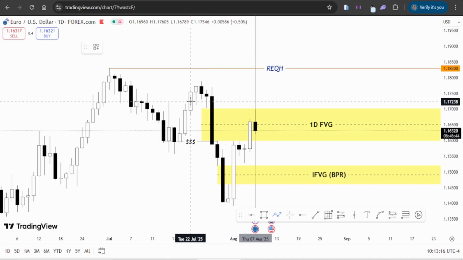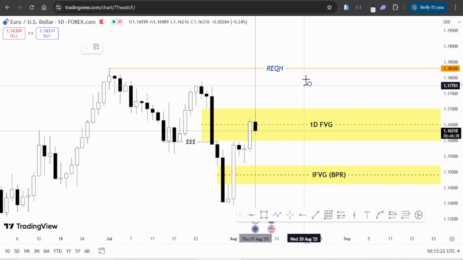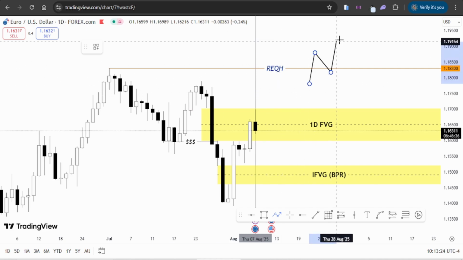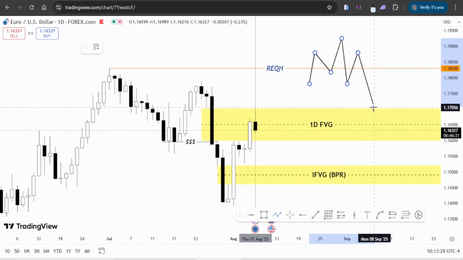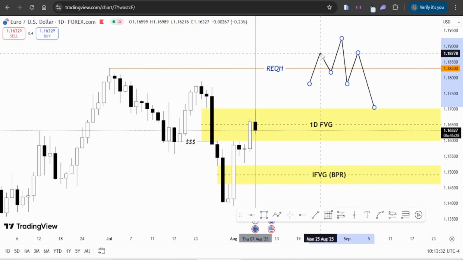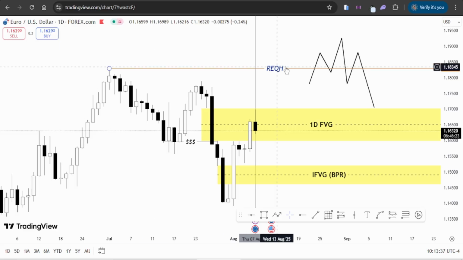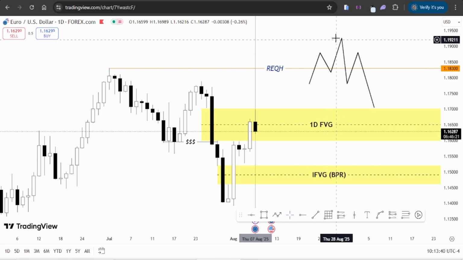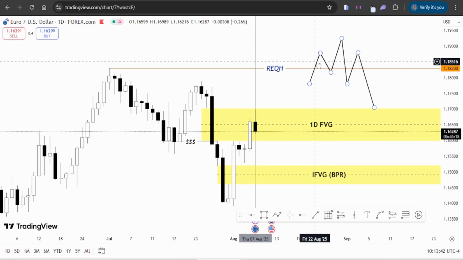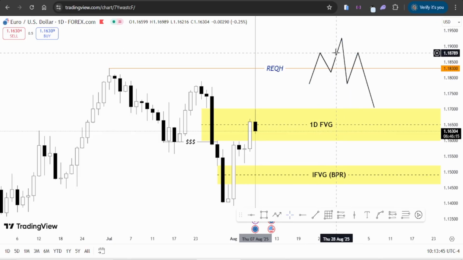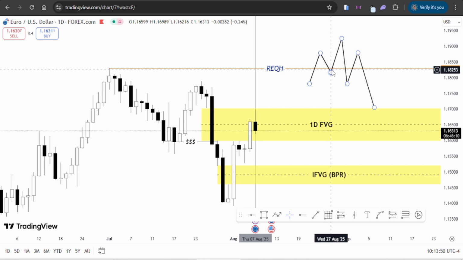But then we did not see that structure. This high did not take out this high to make this kind of higher V shape, just like a lower low, a higher low, and a higher high that took a previous high.